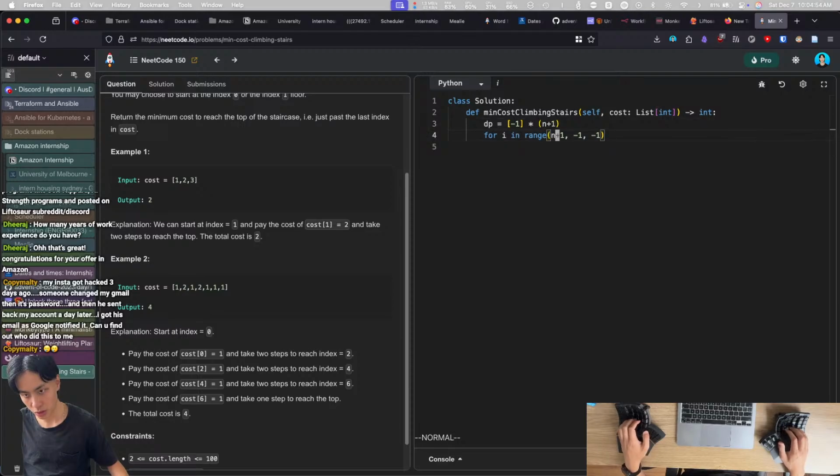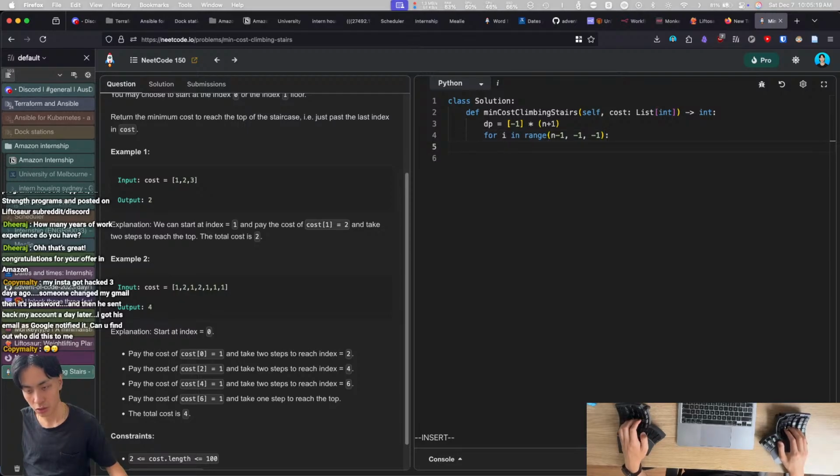So n plus 1 might not be correct, right? n minus 1 is the actual starting value. So n minus 1, minus 1, minus 1 gets you all the way from n minus 1 to 0 inclusive.